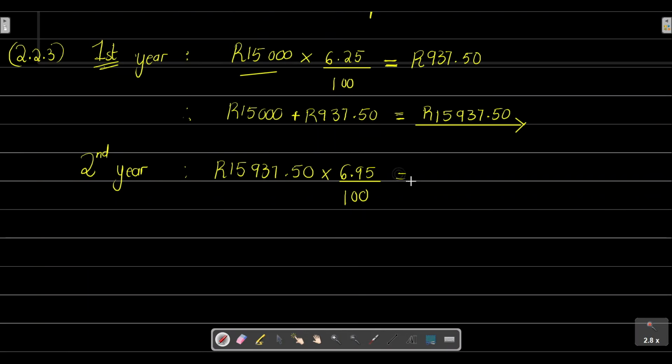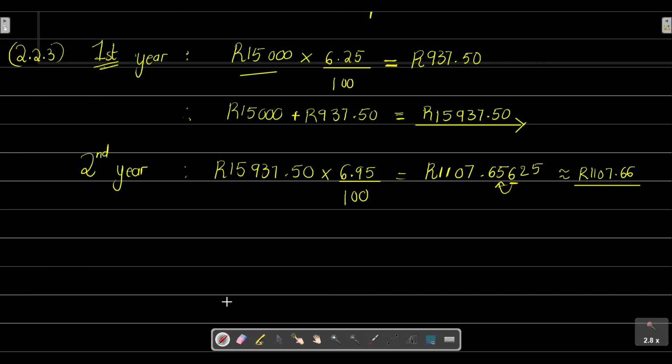If you punch this into your calculator, you will get that he will earn interest to the value of 1,107.65. Remember, we're dealing with money, so we can round this off to 2 decimal places. So it's just 1107.66, because the third digit after the comma is greater than 5, therefore we take this value up by 1. So that is the interest that he'll earn in the second year.